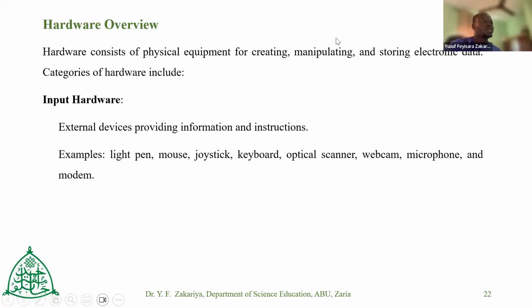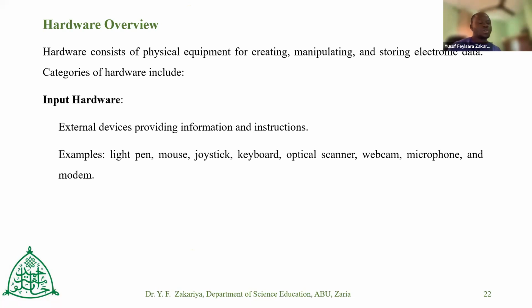Hardware can be classified into external devices providing information and instruction. For example, you can have the light pen, the mouse, the joystick, the keyboard, the optical scanner, the webcam, the microphone, and the modem.